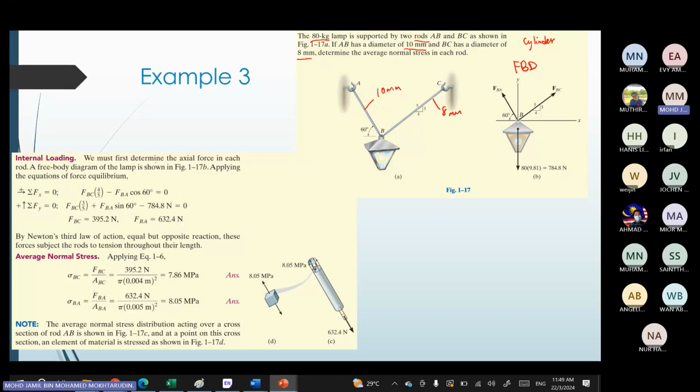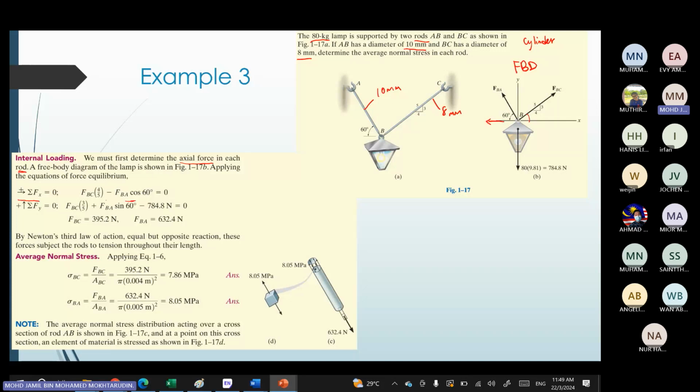First determine the axial force on the rod. We take the forces in the x direction. FBC cosine gives 4/5 times FBC. FBA cosine 60 acts in the negative direction, so you minus FBA cos 60.